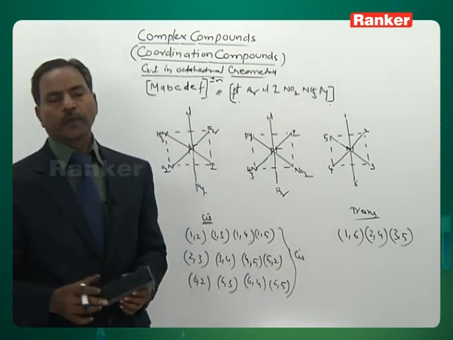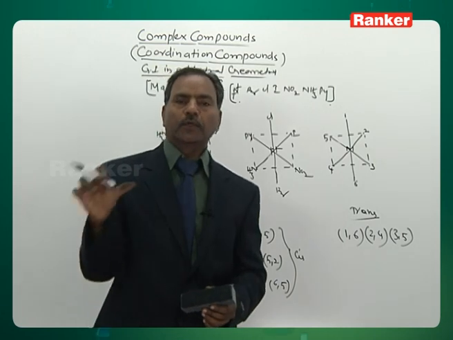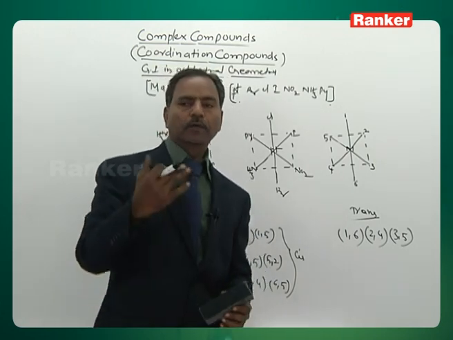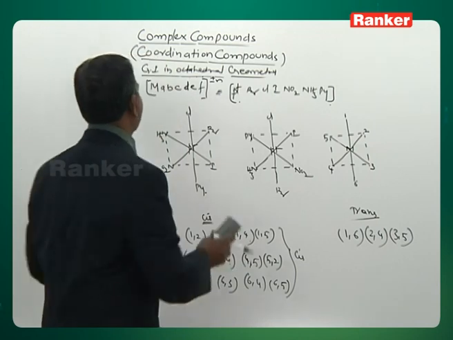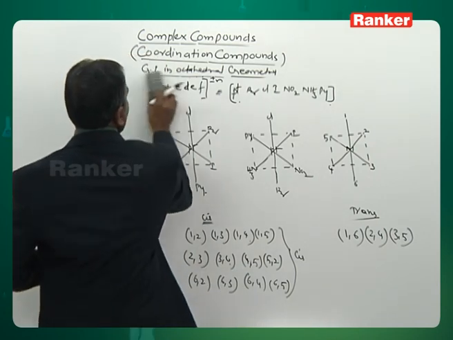Let us see now when bidentate and monodentate ligands are both present in a complex. How is isomerism possible? So far we have discussed only monodentate ligands.